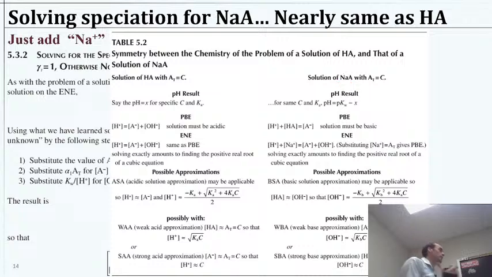Table 5.2 might be a nice place to look if you are needing to parse out the differences here, but truly it's the same process. So we took a look, we understood how we derived this partly last time and a little bit more this time. So put that into Excel and use it. It's the same thing, just a tiny update when we have that Na plus.